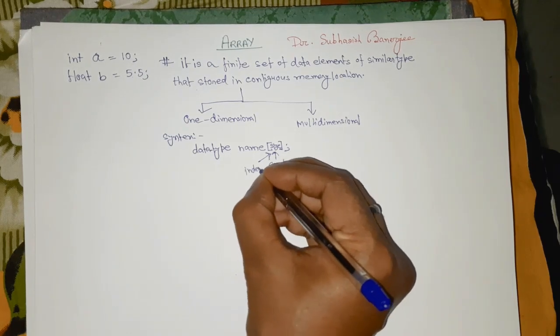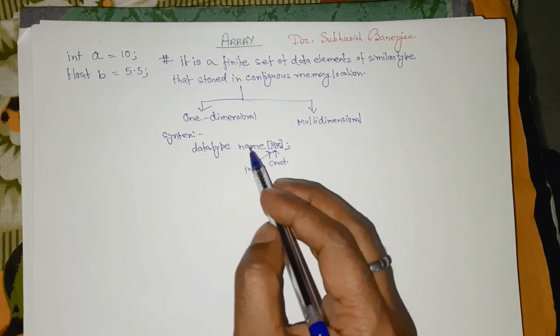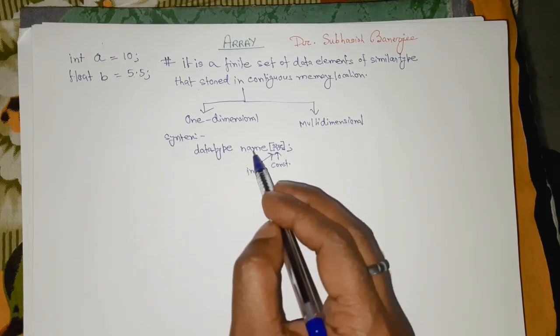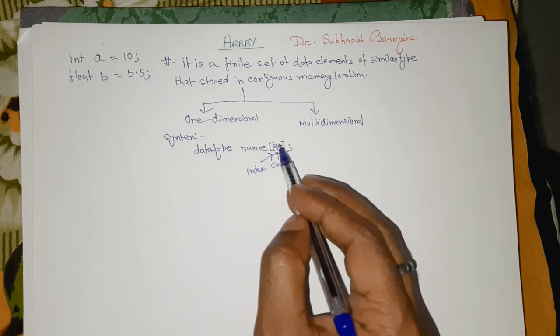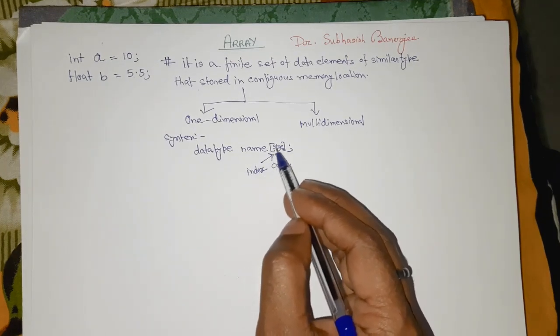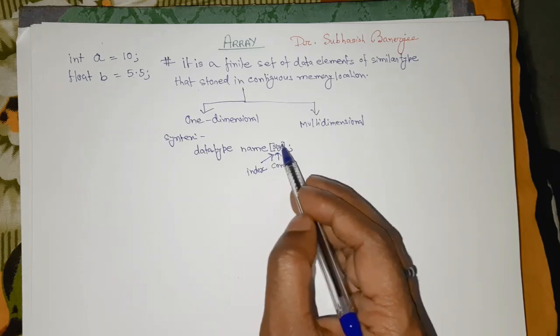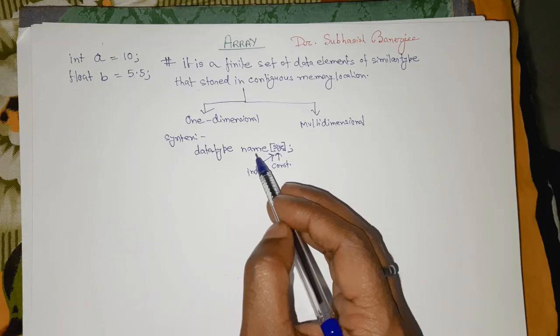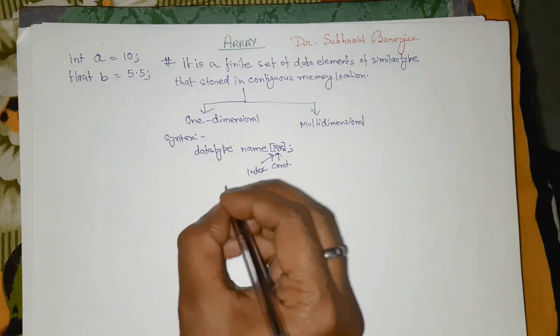As I mentioned earlier, multiple values can share a single variable name, but every value can be identified by a unique index number. This index number is defined within this bracket, and the size specifies the maximum size of this array. So let's take an example.